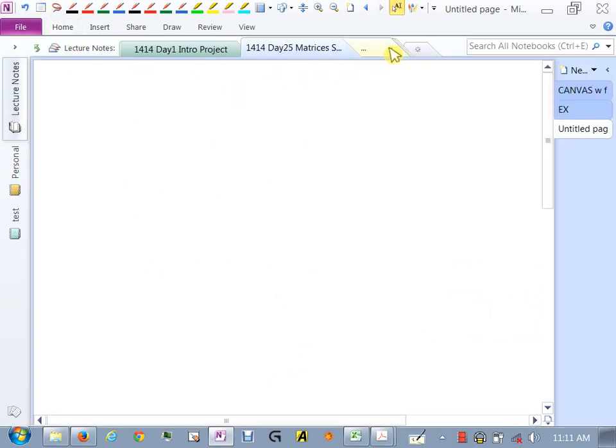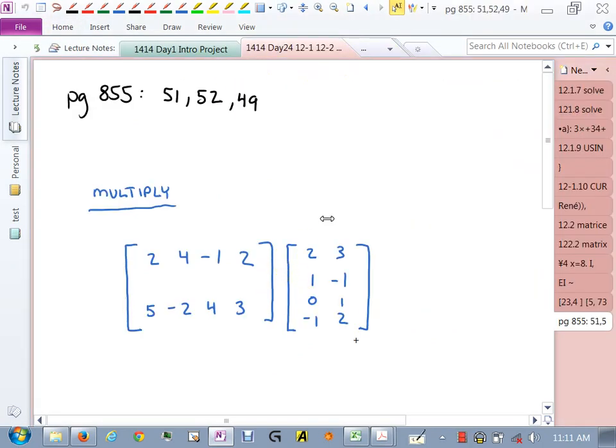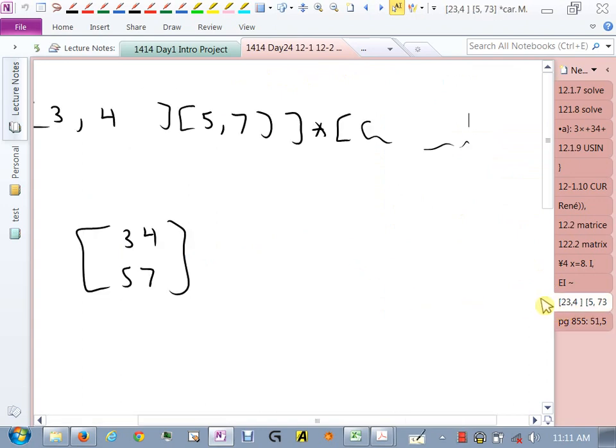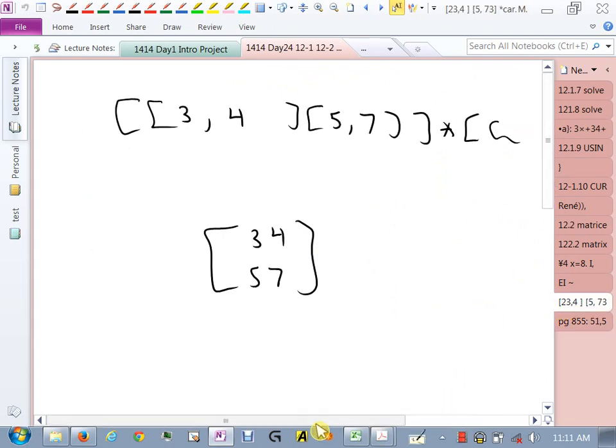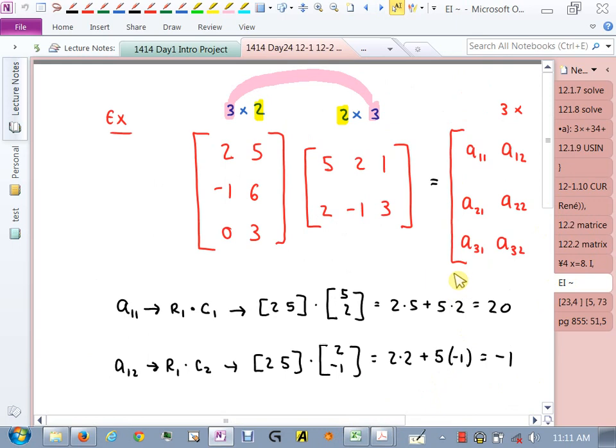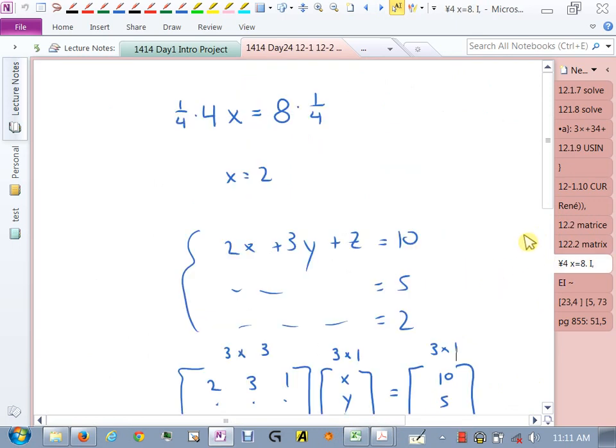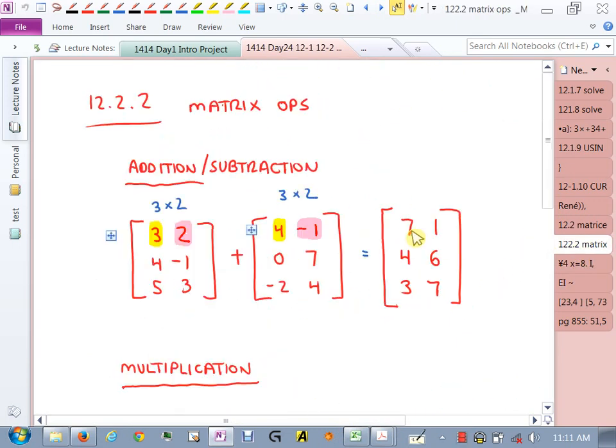So we'll do a new page here. I need to figure out what node I'm on. Let's see, last class, 12.2.2. Any consensus? That's where I was, right? So 12.2.2.